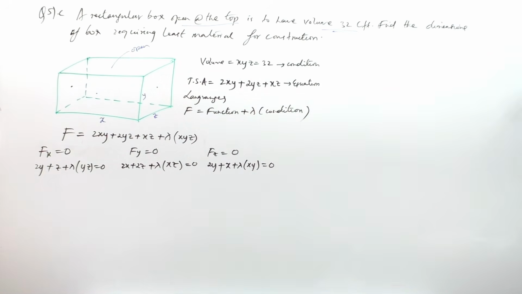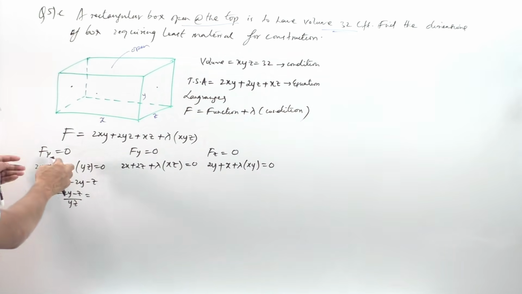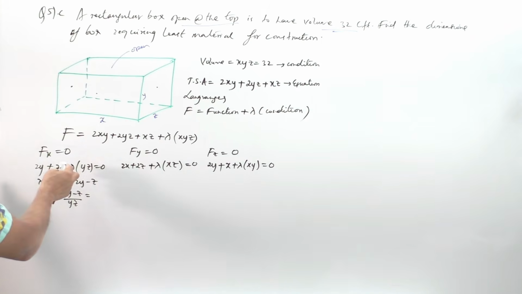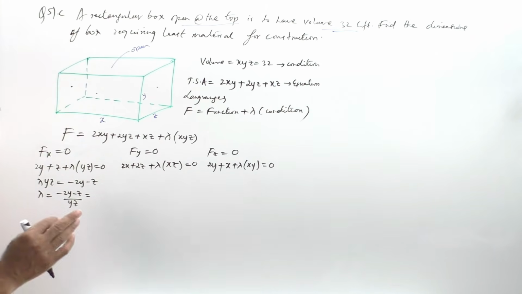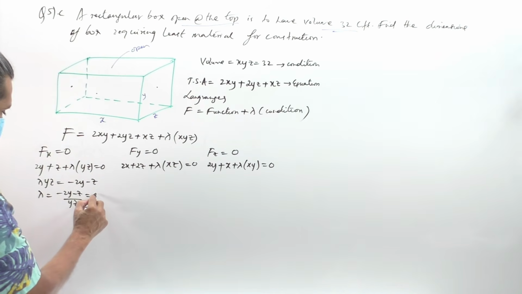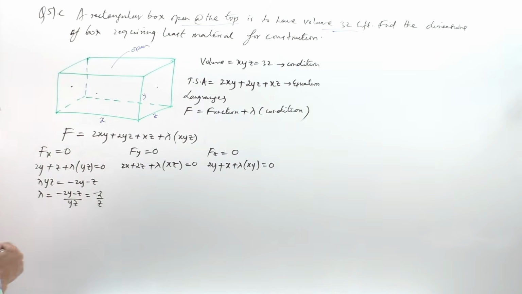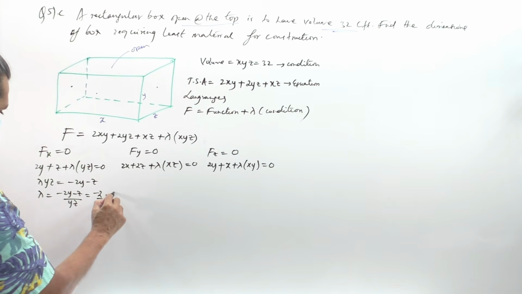Now we write everything in terms of lambda. We have lambda yz equals minus 2y minus z, so lambda is equal to minus 2y minus z divided by yz. Here y cancels: minus 2 by z minus 1 by y.